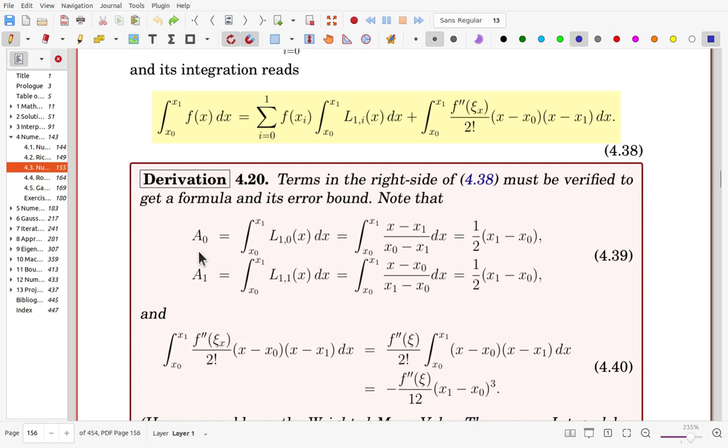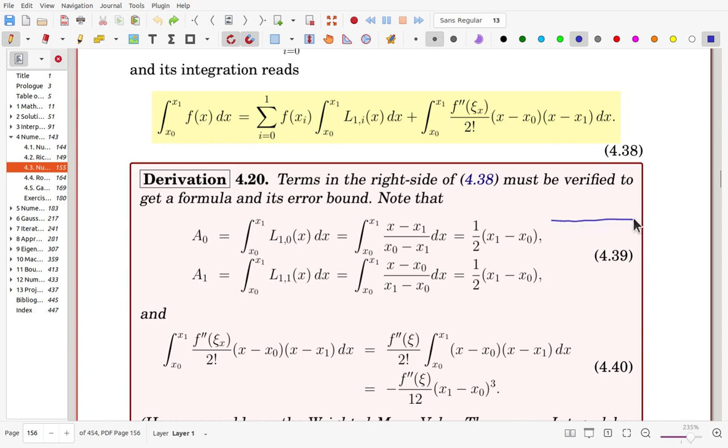Here a0 is the integral of L10. Now L10 is given explicitly in this way, so that we can get that. And for L11, we can get the same result. Pictorially, we can explain it quite easily.